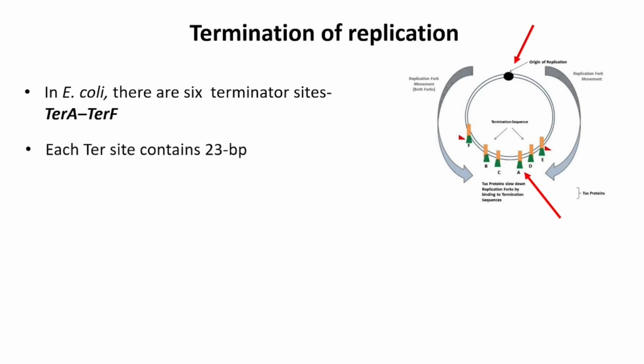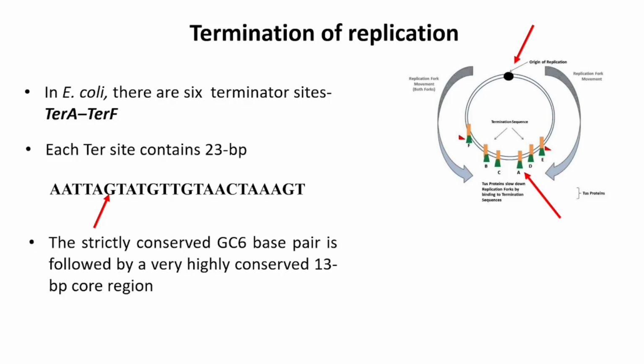Each ter site is approximately 23 base pairs long, with the consensus sequence which you can see on your screen right now. There is a strictly conserved GC base pair at the 6th position, which is followed by a very highly conserved 13 base pair core region. The unique feature of the ter sites is that they are directional, that is, a replication fork can enter but cannot pass through from the non-permissive site.